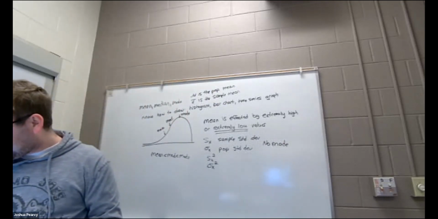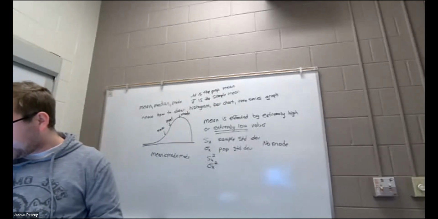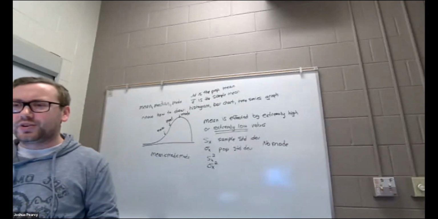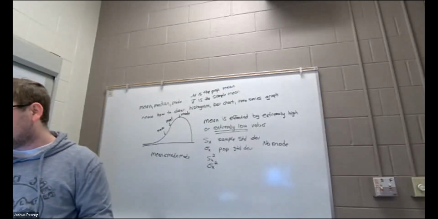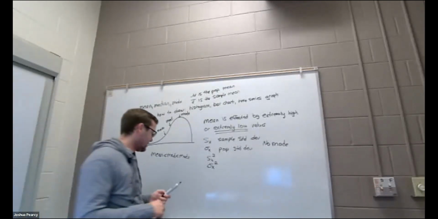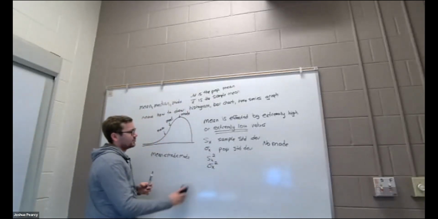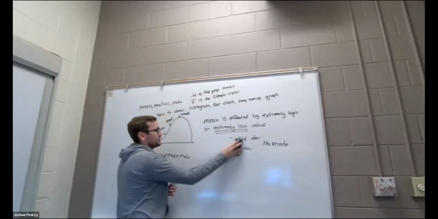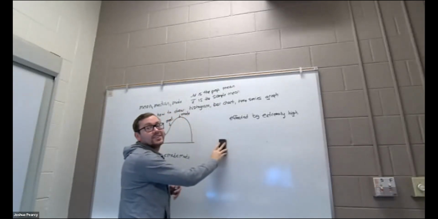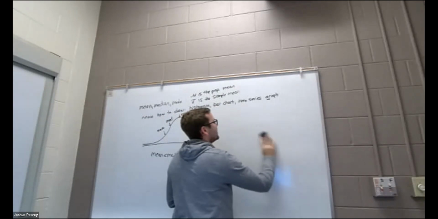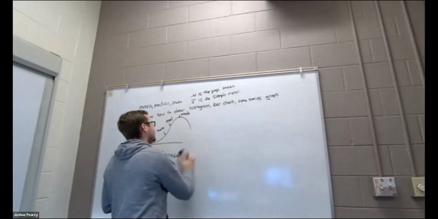Okay. Using the calculator to find the 5-number summary, that's just doing the one variable statistics on it. Already talked about that. So know how to determine outliers. Does everyone remember how to do that? It involves the 5-number summary and the IQR.